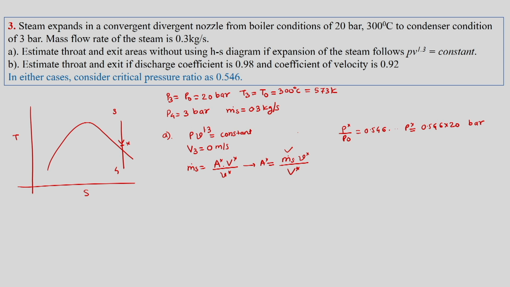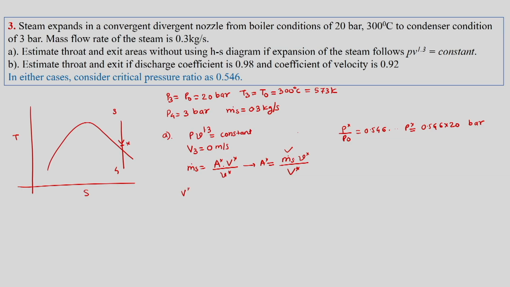So what we can do is, without taking the enthalpy directly from the Mollier chart, find the velocity using this formula: V star square by 2 is equal to K upon K minus 1 into (P naught V naught minus P star V star).